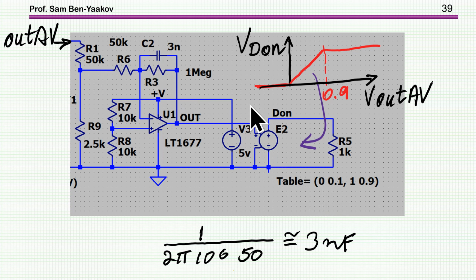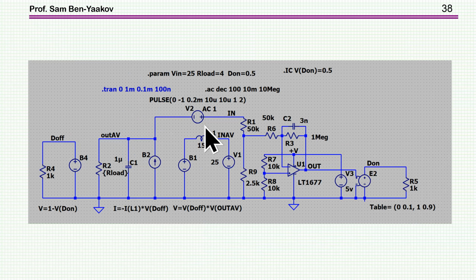This is in order to avoid some convergence problem, because the system might lock into some imaginary or some unrealistic duty cycle, and it'll be very difficult for it to return to the right operating point. So it's good advice to limit the duty cycle to the real boundary. Now the excitation that I've put is in here. This is in the path of the feedback. This is the AC excitation.